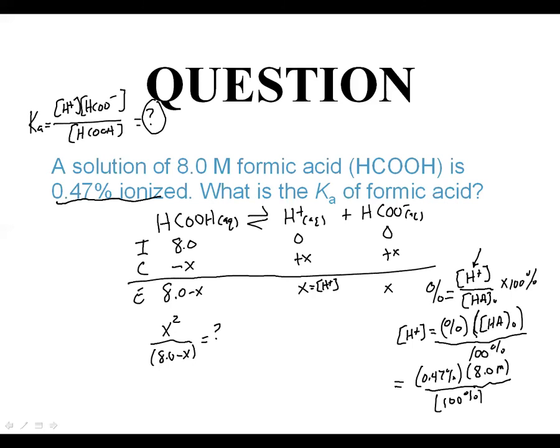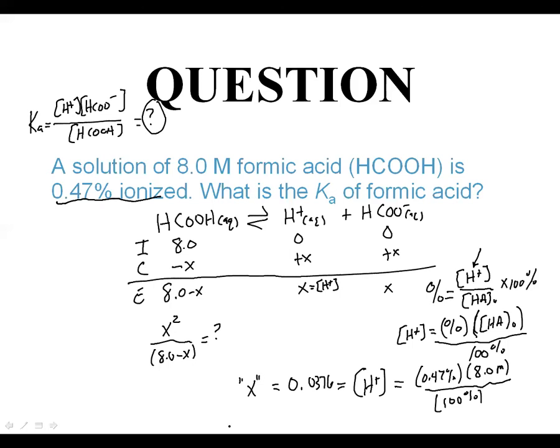But if we do it this way, we get the H plus concentration will equal 0.0376. And remember from our table, that is basically what x equals.